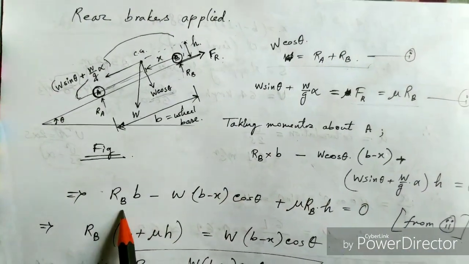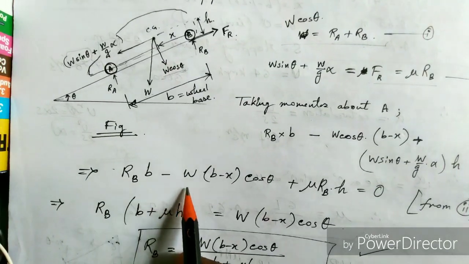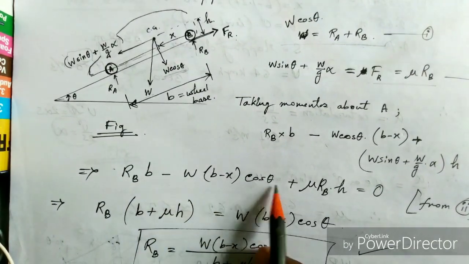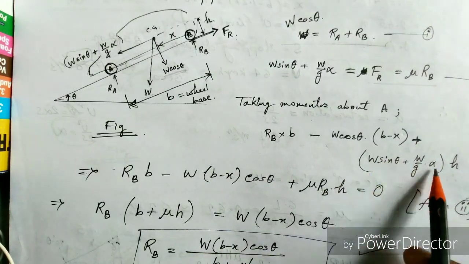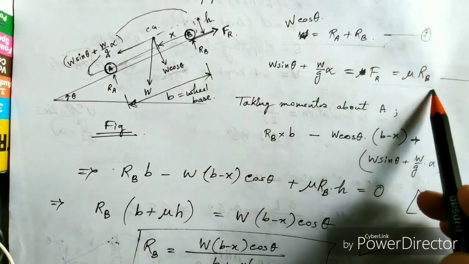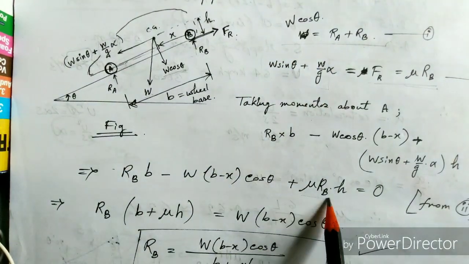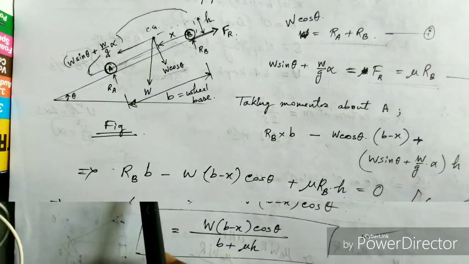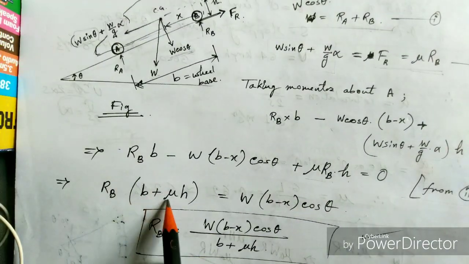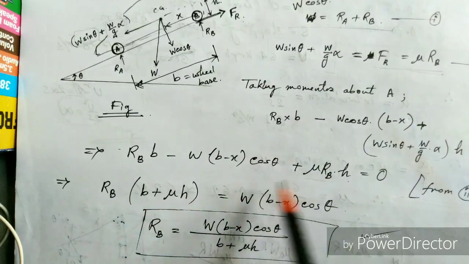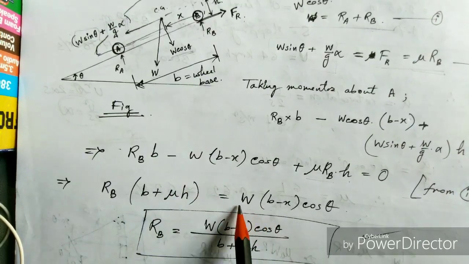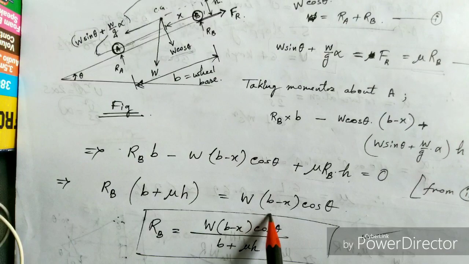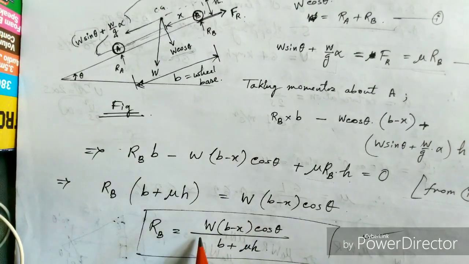Now you can see that Rb into B minus W into B minus X into cos theta plus mu Rb into H. Instead of the Fr term, I put mu into Rb, so that's how I got mu Rb into H. Now if we take Rb common, you get B plus mu H, and this term I send to the other side of the equals sign, that is W into B minus X into cos theta. So Rb is equal to this divided by B plus mu H.